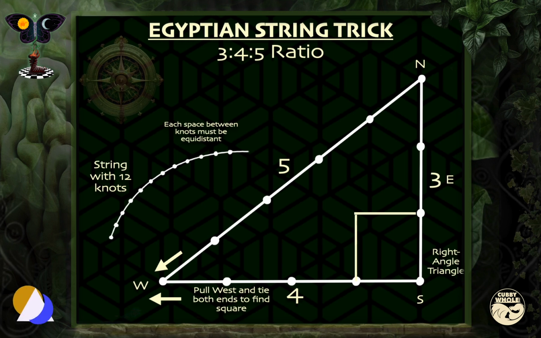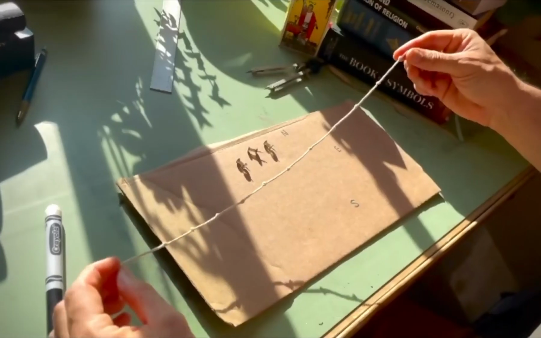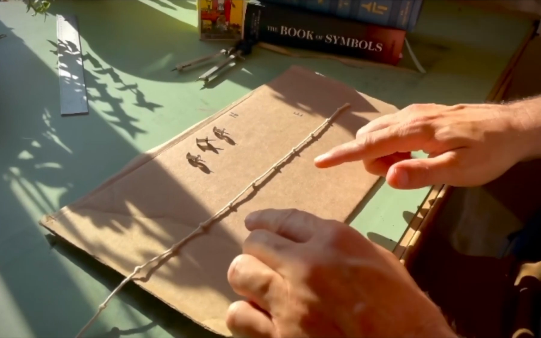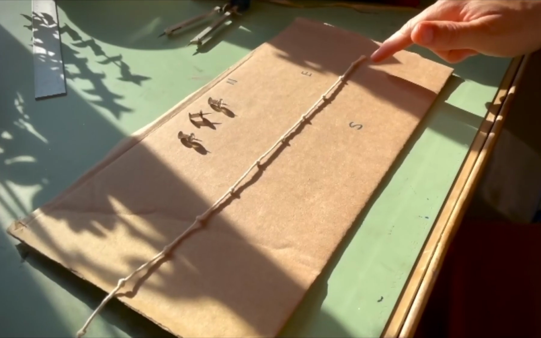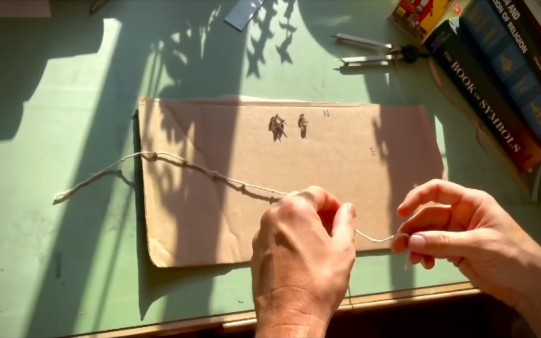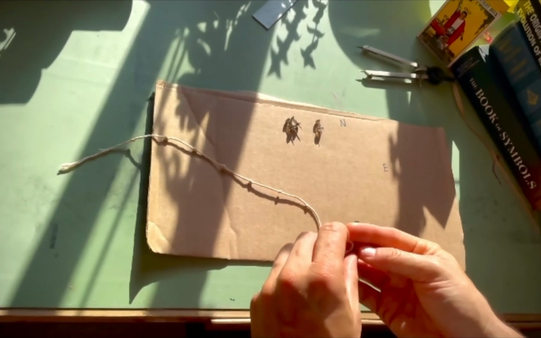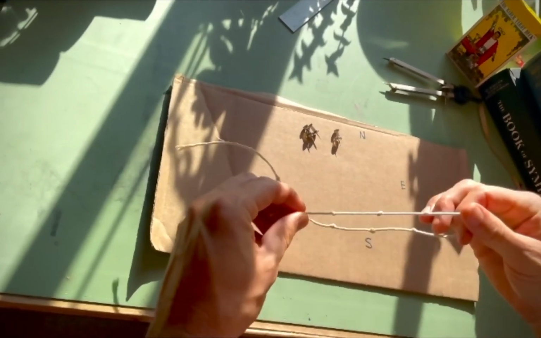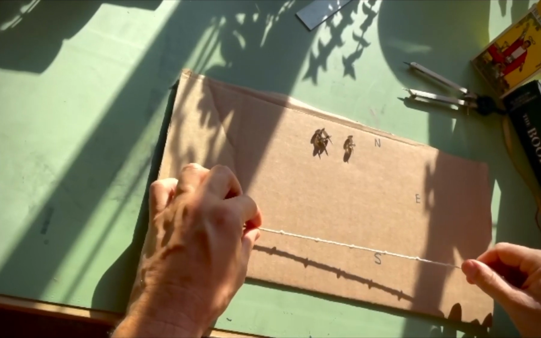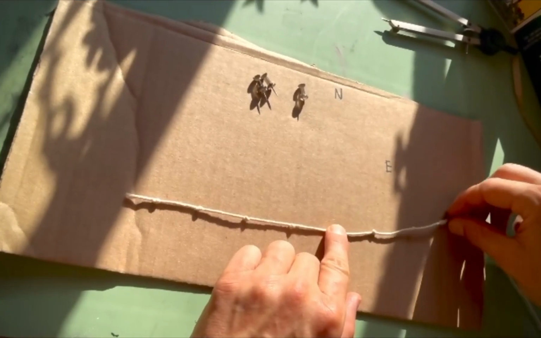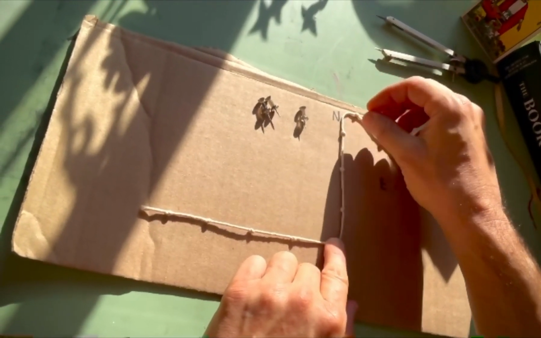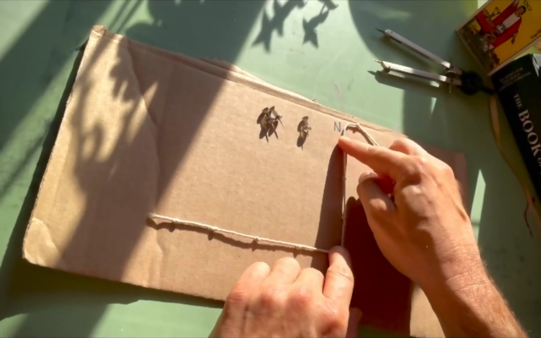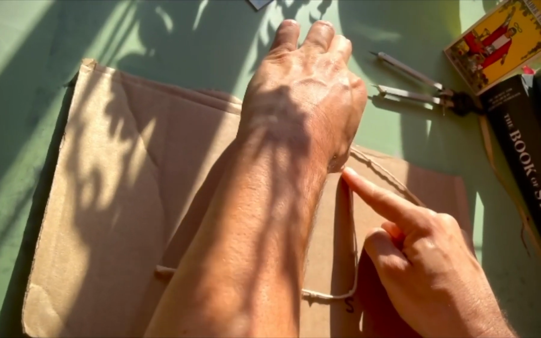If you take a string, somewhere around a yard long, and you tie 12 knots equidistant from each other, and you get 3 pegs or pins, like push pins, and once you get those knots all tied, you find the 3 in the middle. Make sure you have the directions, north, south, east, and west.